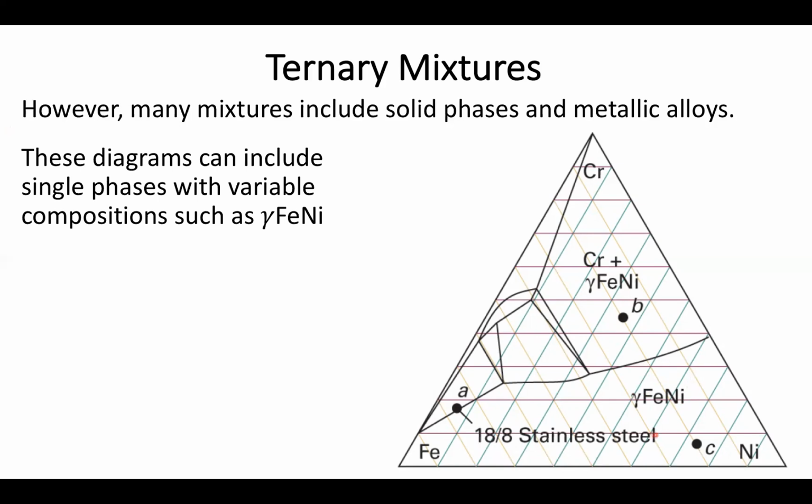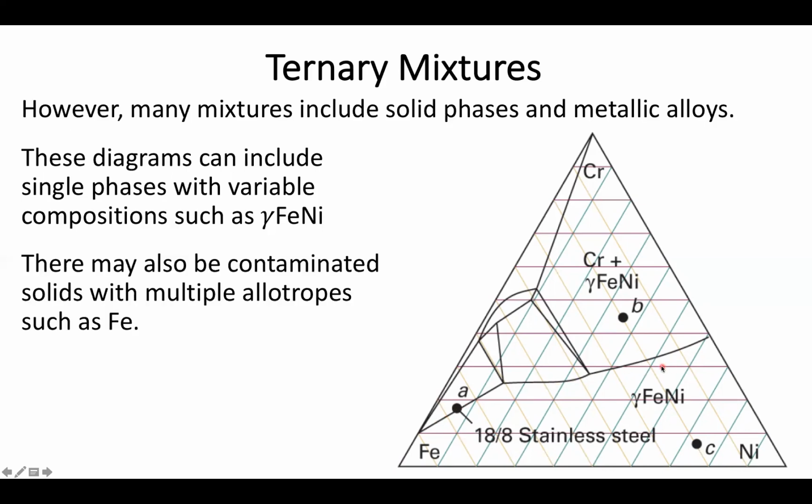So our gamma iron nickel can include anything ranging from pure nickel with a little bit of iron present to pure iron with a little bit of nickel present. However, it also can essentially accommodate a certain amount of chromium until you essentially get to above this rather messy phase line. And above this point, you can actually also run into some other problems.